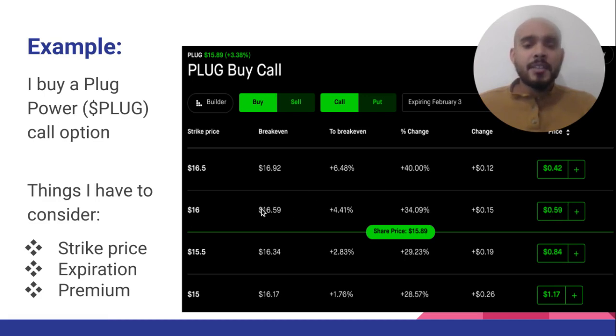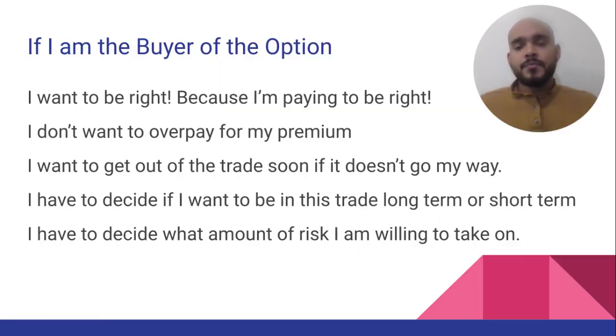So I've got to cover that. So I need the stock price to go up another 59 cents per share times 100 shares for me to get my money back from the premium. So I really want the stock price at the expiration date to be above the strike price plus the premium here in the green. And that is $16.59 at expiration. And that's what they call the break even point.